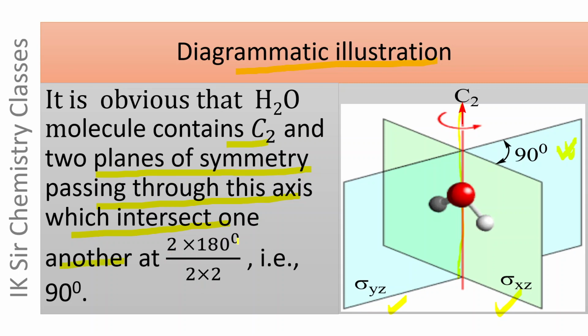Here the value of n is 2, that is 90 degrees. It contains a C2 axis and two sigma planes intersecting along the C2 axis at an angle of 90 degrees.